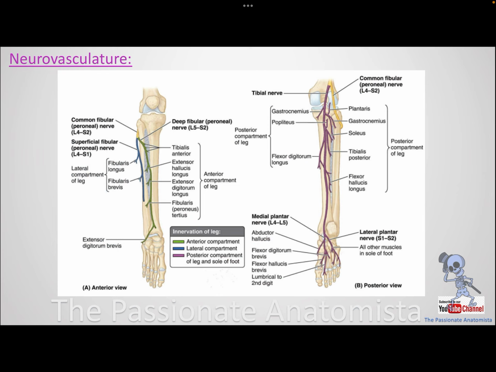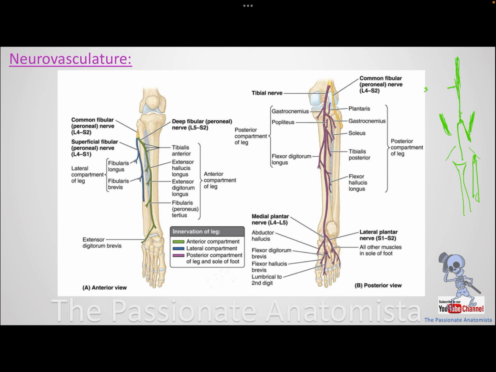Now if you trace the nerve, you know that previously we talked about the sciatic nerve, and once it runs deep down and we reach the popliteal fossa, which had the biceps femoris here and the semimembranosus there, that nerve started to give us the tibial nerve and the common fibular nerve, because you know that this is the fibula and this is the tibia.